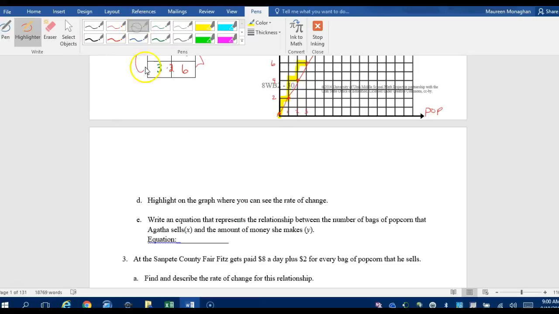Write an equation that represents the relationship. So our multiplier was $2 for every bag. Okay? At the Sanpete County Fair, Fitz gets paid $8 a day plus $2 for every bag of popcorn that he sells.